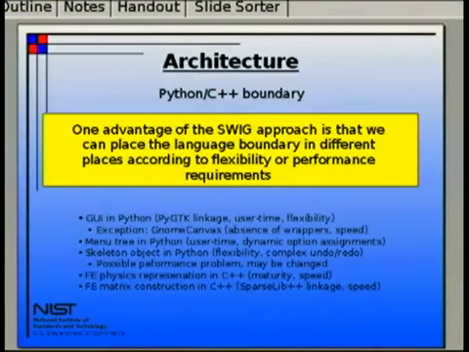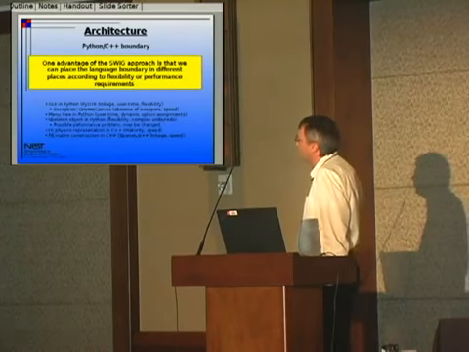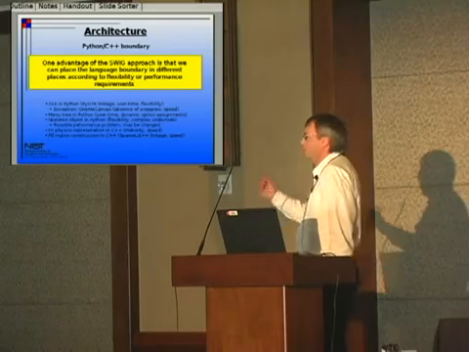The other point about Swig is that we have occasionally had performance problems in some of the Python, and one of the things you can do with Swig reasonably easily is move the C-Python boundary around. You can move it either way.